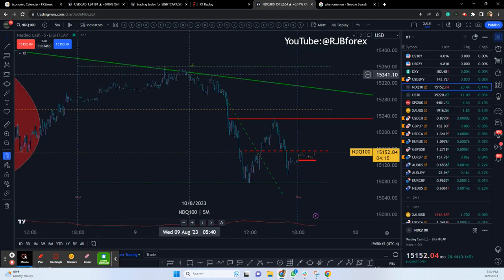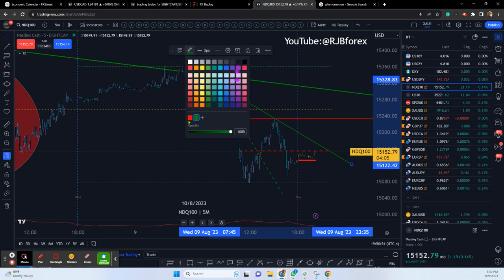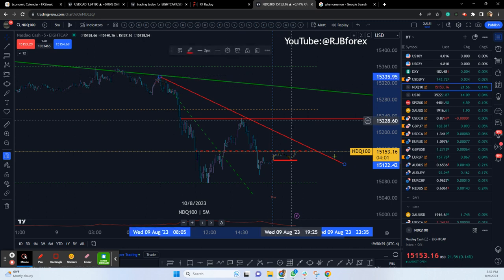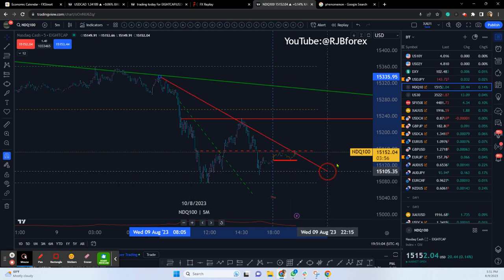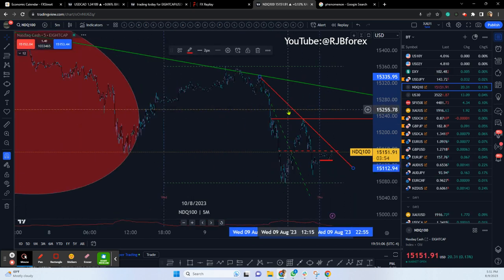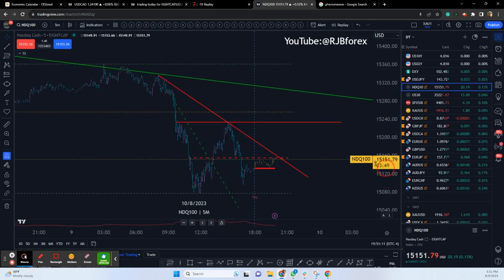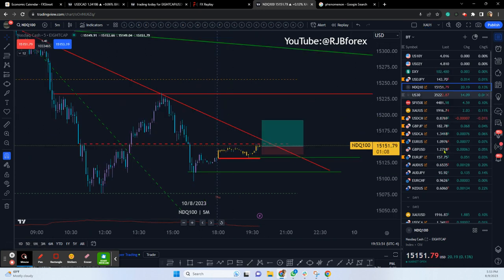Then over here, we have another potential trend line resistance that we need to break to really get traction if we are going to take on these. So as soon as, even in Asia here, we may have a setup.